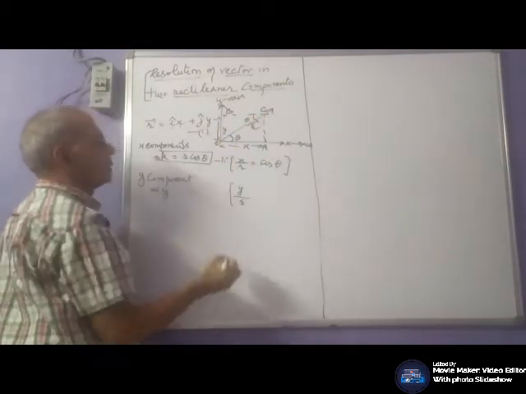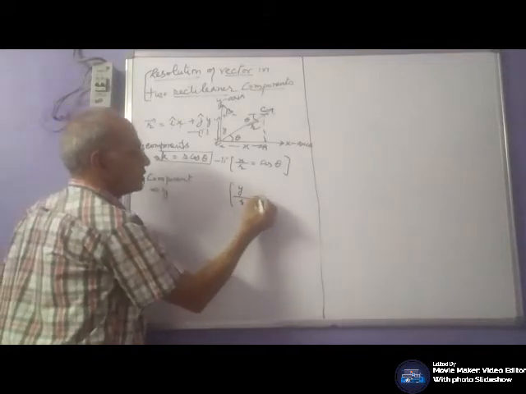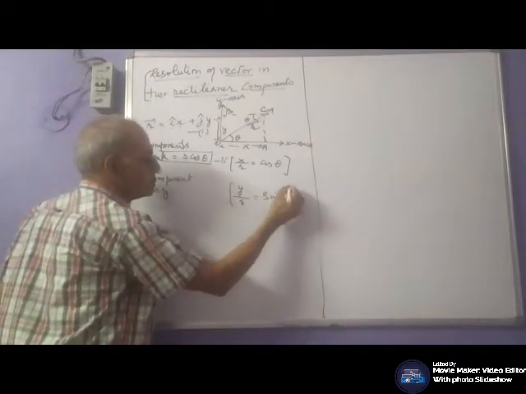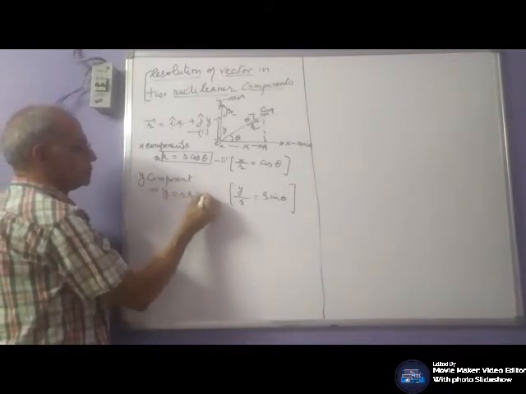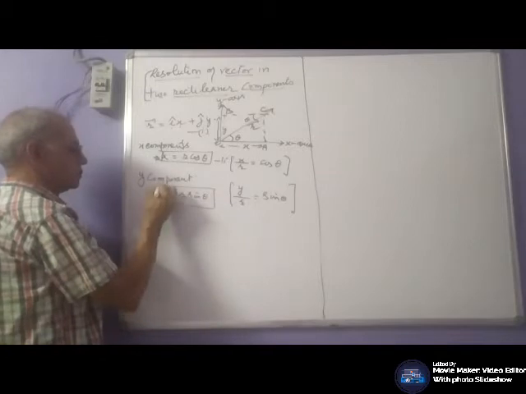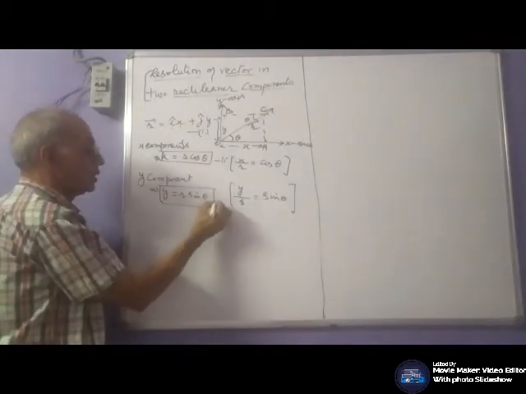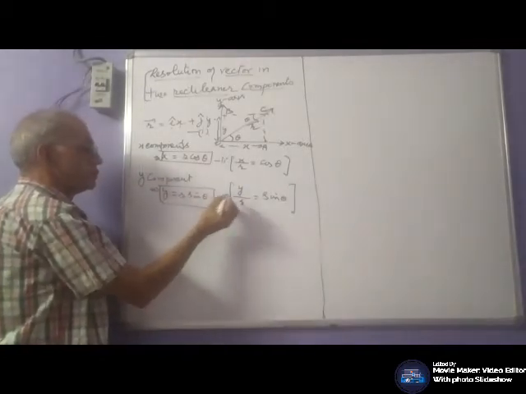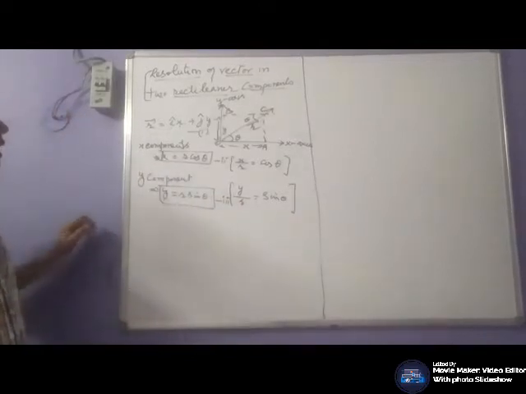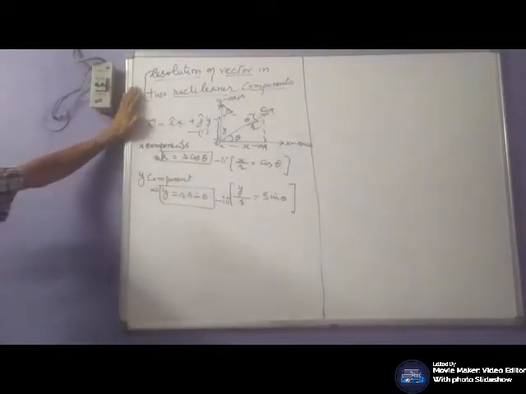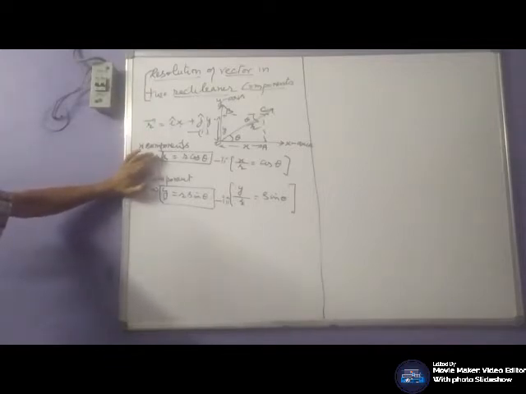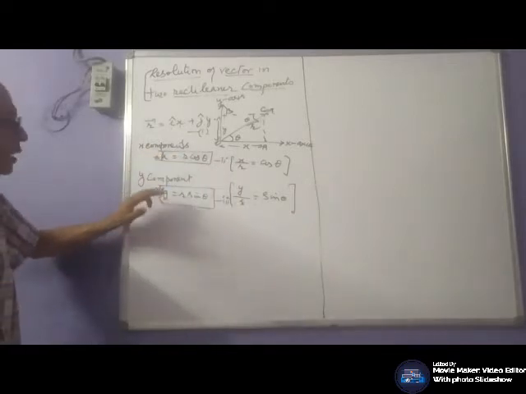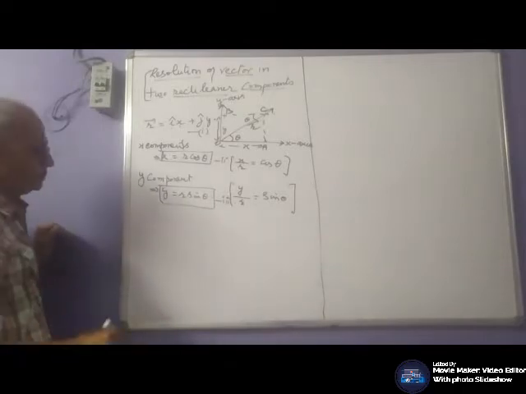Y by R is sin theta. Y is R sin theta. Now my question is, resolution of vector in two components, find those components. This is the x component, it is r cos theta, this is the y component, it is r sin theta.